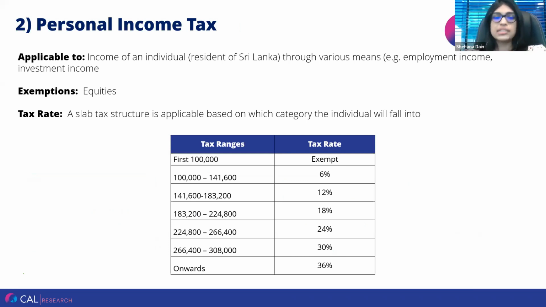This includes salaries as well as investment income. The first 100,000 is exempt, or in other words, 1.2 million per annum is exempt. Afterwards, every tax slab up until 308,000 is taxed at 6%, 12%, 18, 24, 30, and the highest at 36%. Next slide, please.